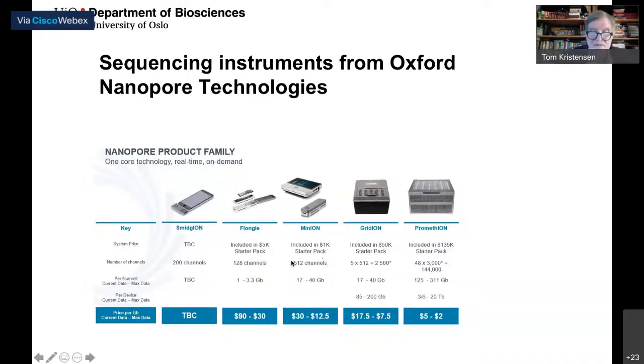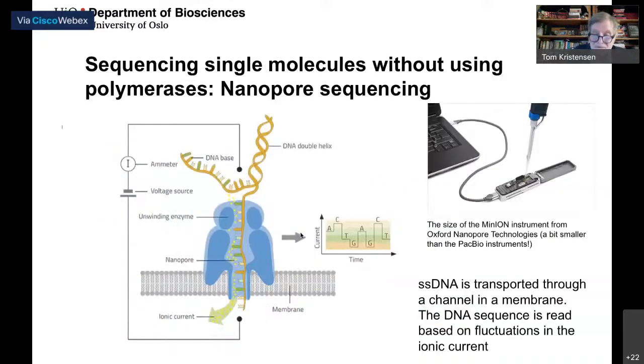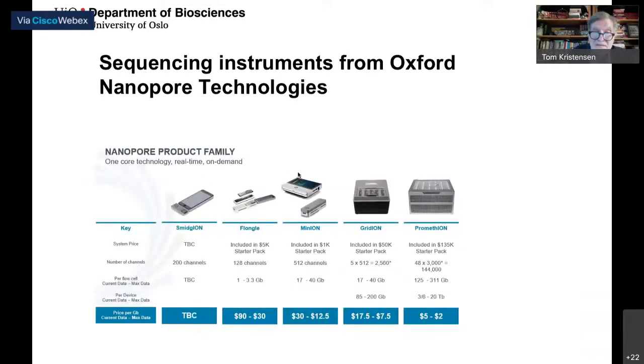It turns out that I think the current record for reading a single molecule of DNA is 4.2 megabases, 4.2 million bases from one molecule, which means that you in principle could sequence 512 different bacterial genomes in one of these MinION instruments.